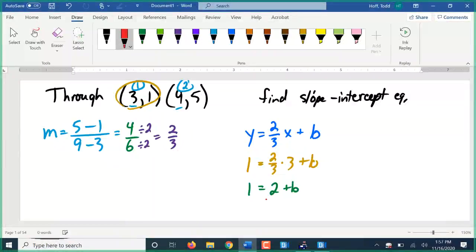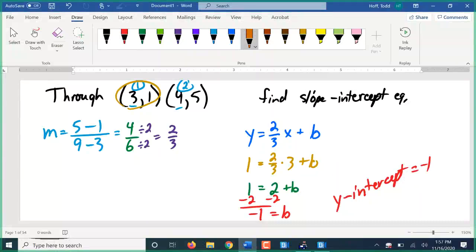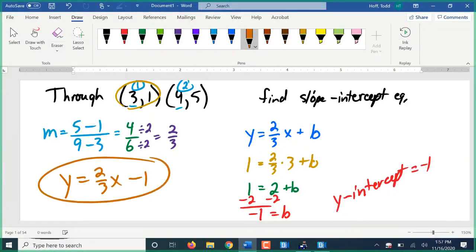To solve for b, I subtract 2, giving me that negative 1 equals b. So that's telling me that my y-intercept is negative 1. So that means my equation, y equals slope of 2/3 times x plus my y-intercept of negative 1, so minus 1. So there's my equation. Had I used 9,5, I would still get negative 1 as my y-intercept.